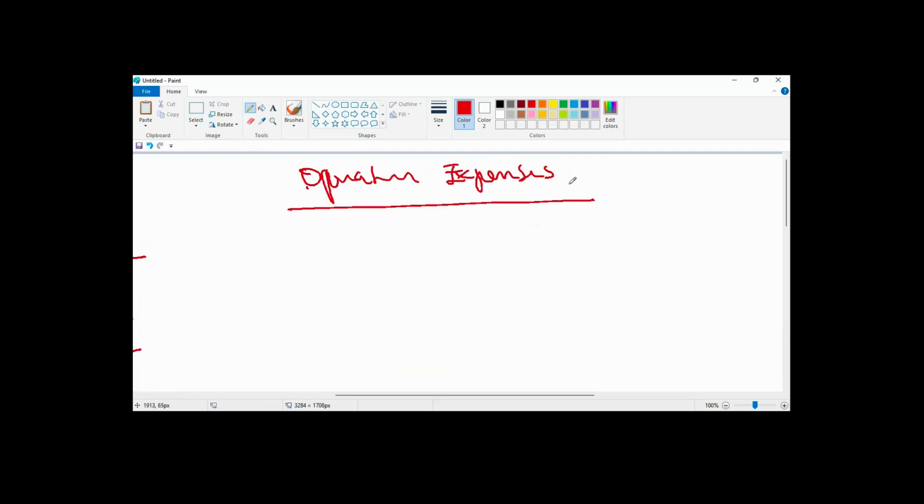We have admin expenses. If I have admin expenses, do we have distribution? No, no distribution. We have admin. How much is admin expenses? 28,100.